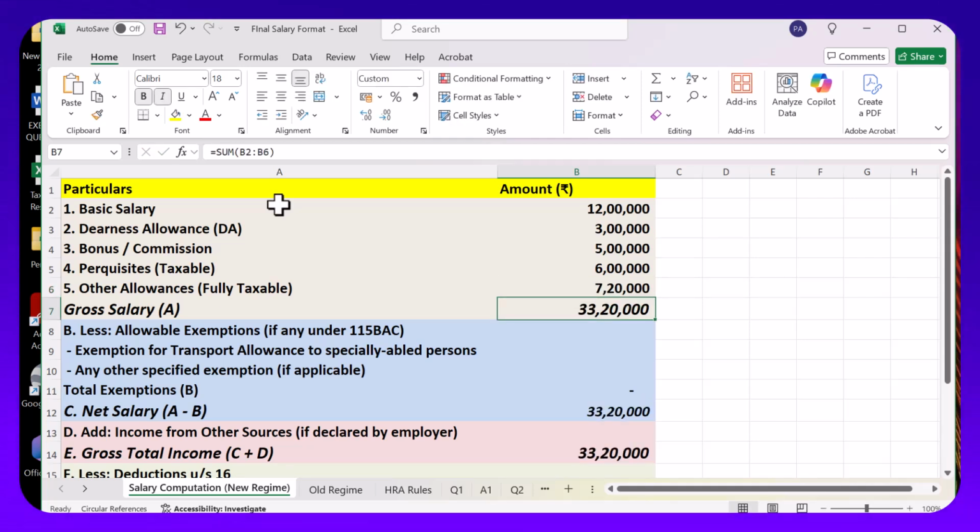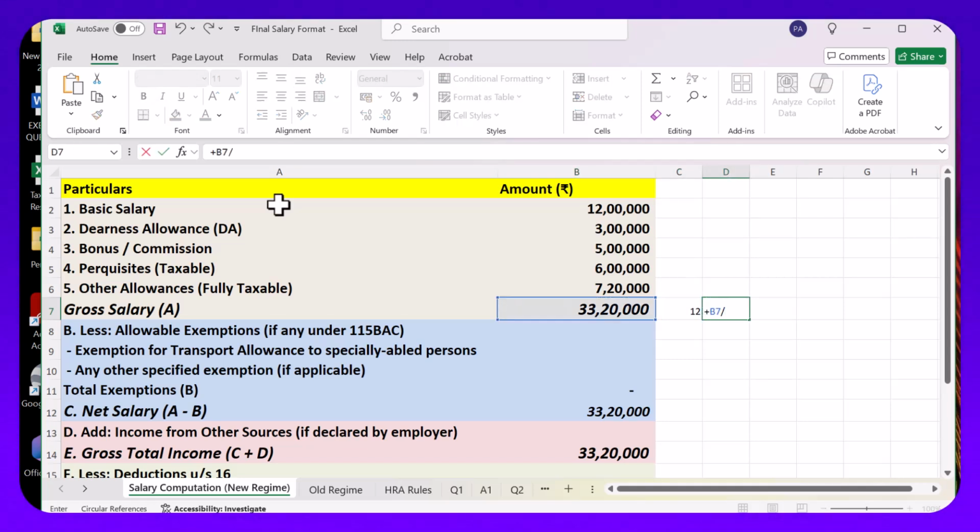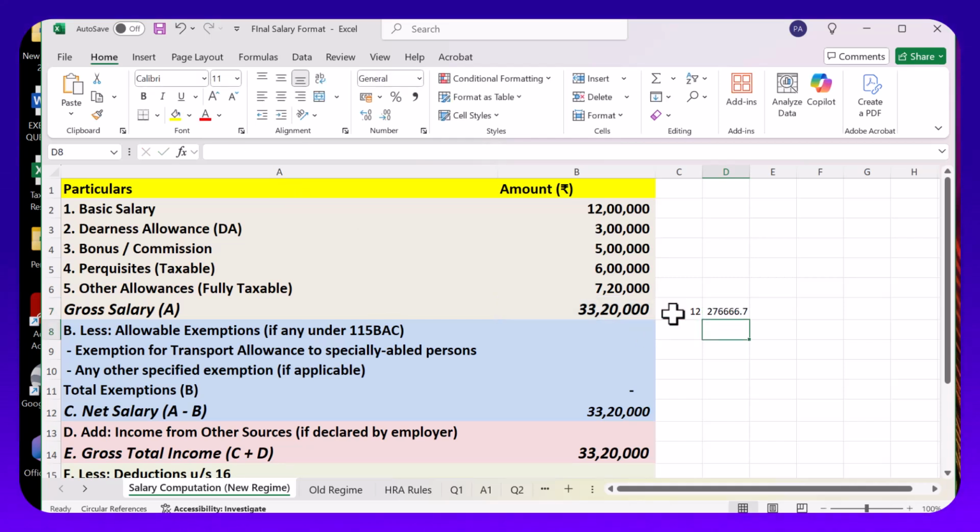So that means your gross salary will be how much, Pranav? You can just divide and see, it is like 2,76,000 something, 2,80,000. So this is the salary what you're getting.